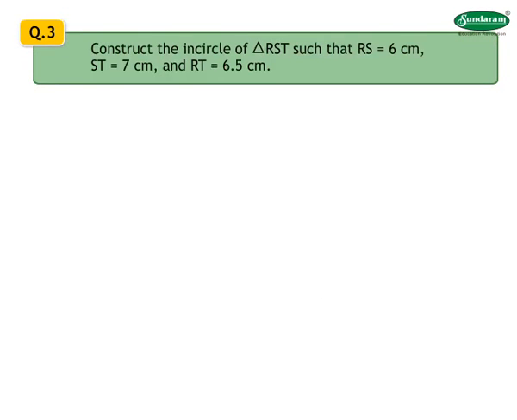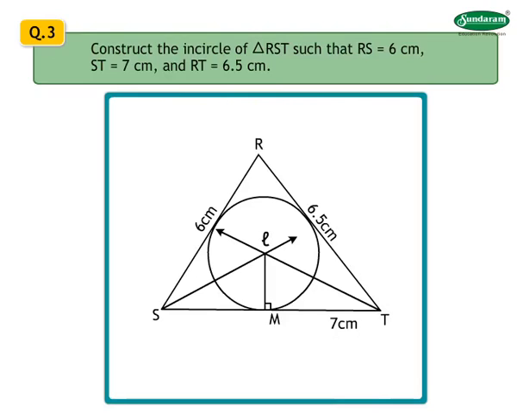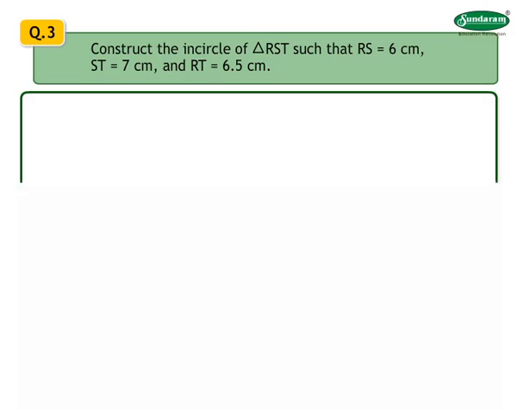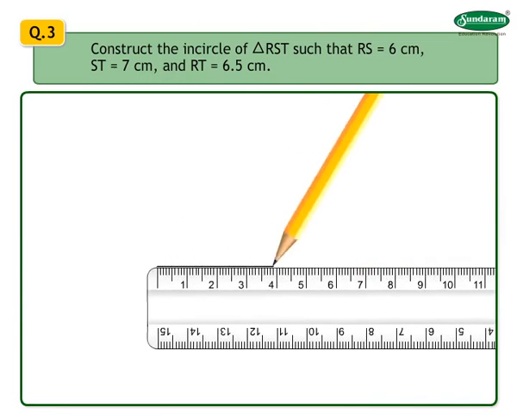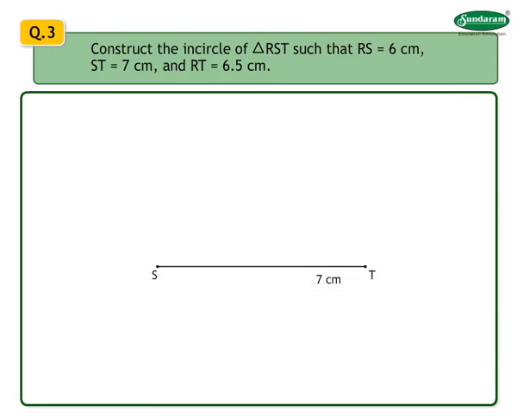Question 3. Construct the incircle of triangle RST such that RS is equal to 6 centimeters, ST is equal to 7 centimeters, and RT is equal to 6.5 centimeters. Solution. First, draw segment ST of length 7 centimeters.